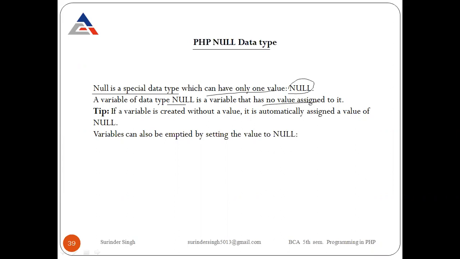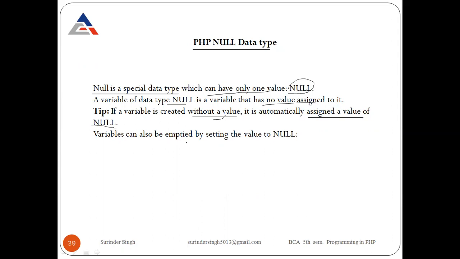If a variable is created without a value, it is automatically assigned a value of null in PHP. Like in C++, if you create a variable but do not initialize it, it may have a garbage value. But in PHP, if we create a variable without a value, it is automatically assigned null.